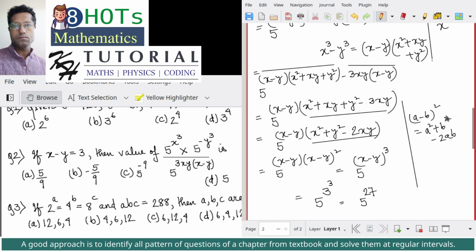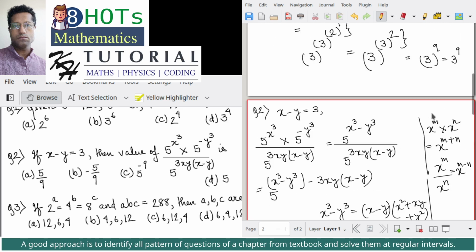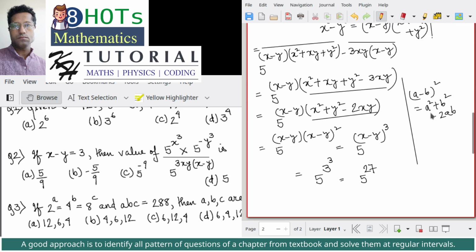So 5 to the power x minus y whole cube, and x minus y is given as 3. So this must be equal to 5 to the power 3 cube.